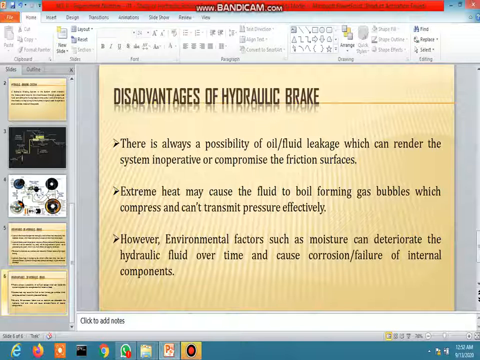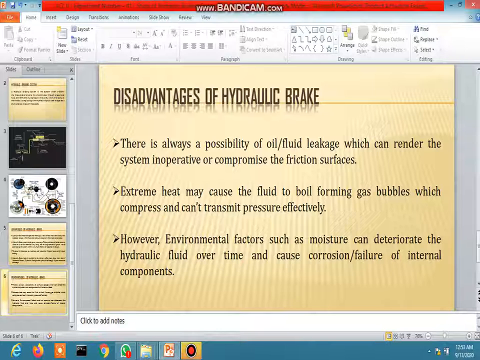It drops the pressure, and inoperative conditions are created.